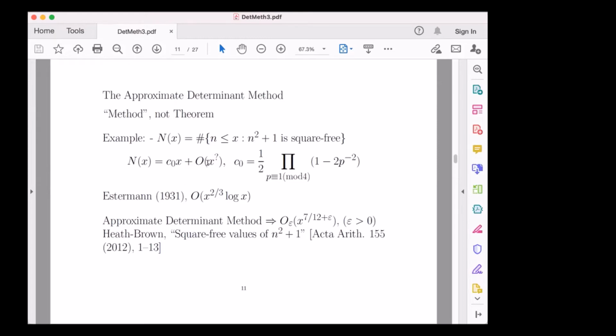And in Estermann's theorem, the error term is x to the 2/3 times log x. And I'm going to talk about the approximate determinant method and the way that it leads to an improved error term in which the exponent is 7/12 plus epsilon rather than 2/3. And if you want to see the details, the paper is from Acta Arithmetica in 2012.